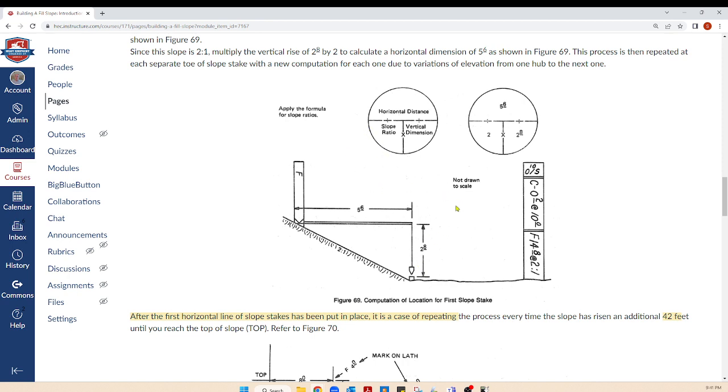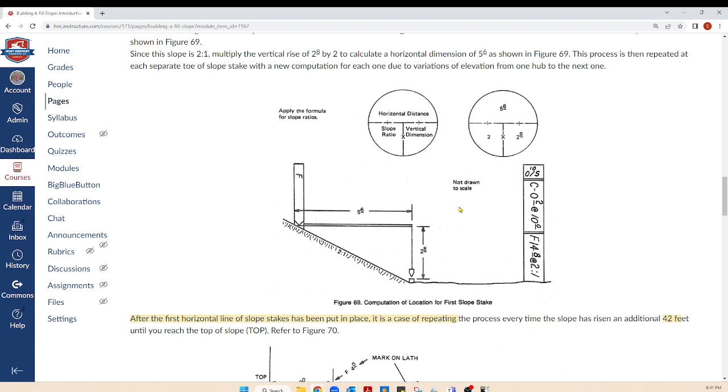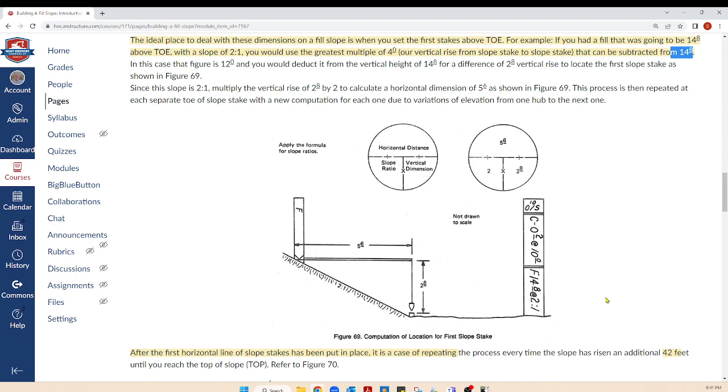So we have a total fill of 14.8 right here. Well, we want to get rid of the oddball here. The highest multiple of 4 that you can subtract from 14.8 is 12. 14.8 minus 12 leaves 2.8.